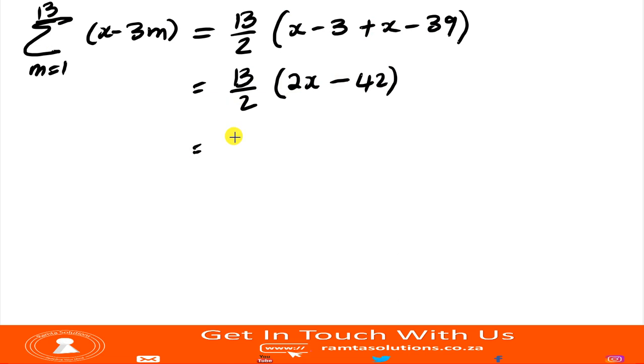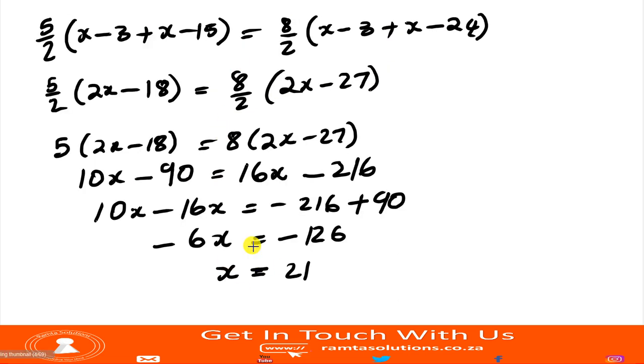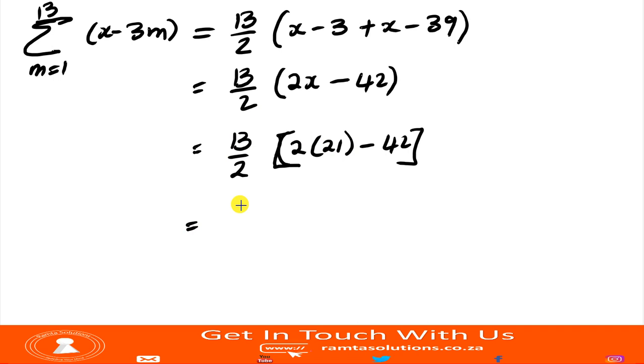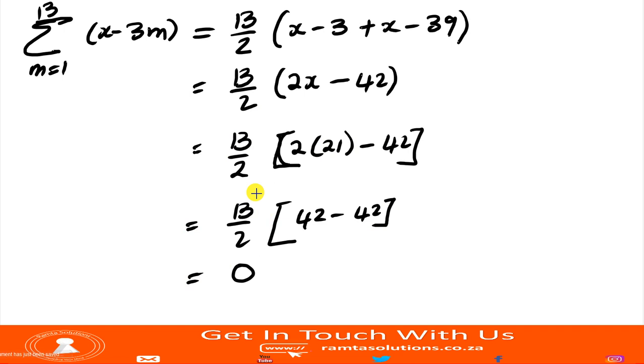Remember, we said x is equal to 21. So where there's x, we put 21. So 2 into 21 minus 42. Proceeding, 13 over 2 times 42 minus 42. This is 0. Now, you have proved that the sum of x minus 3m from m equals 1 to 13 is equal to 0. So this is how you do it, guys.